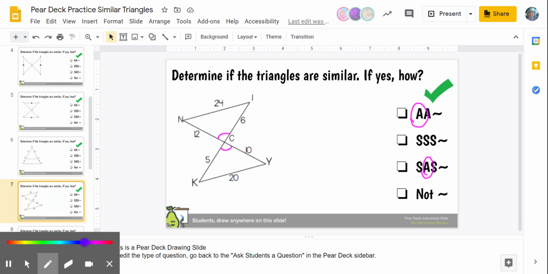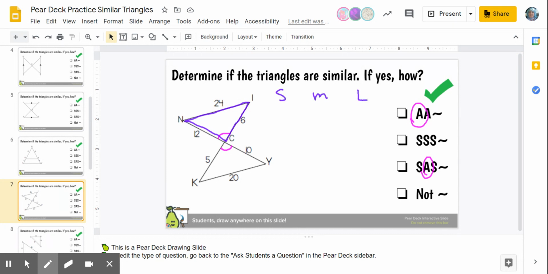What's the smallest side in the purple triangle? 6. So if we label them small, medium, and large, I can do 6. And then what's the medium side? Again, in the purple triangle. 12. Which leaves the 24 for the last one.